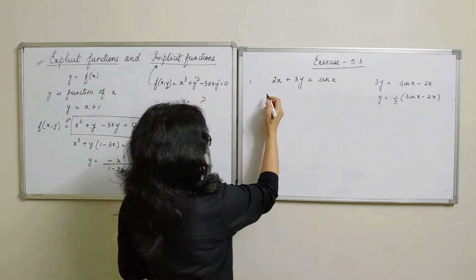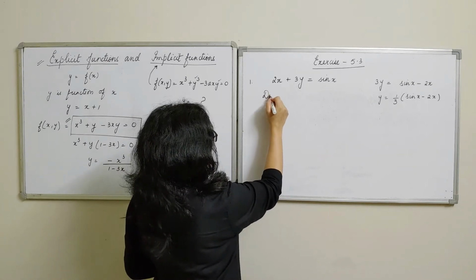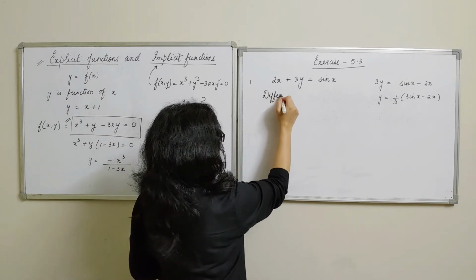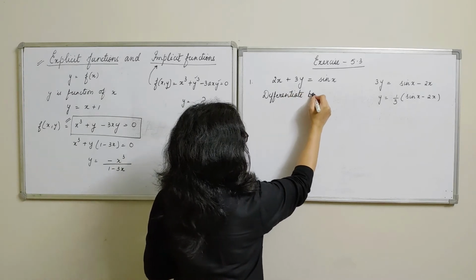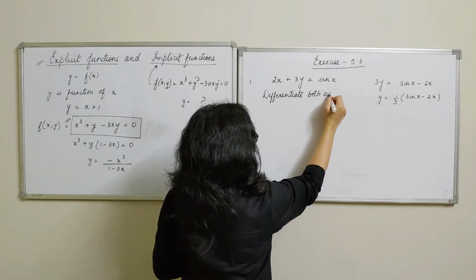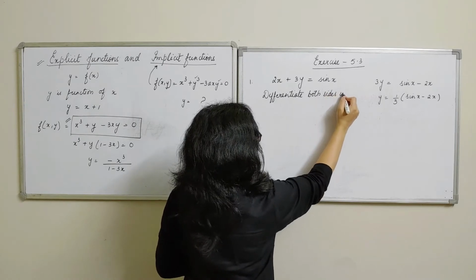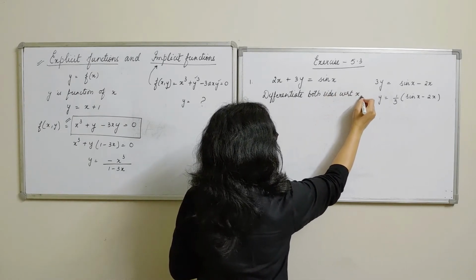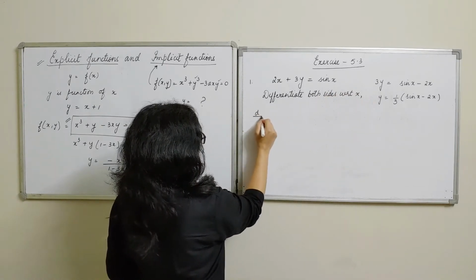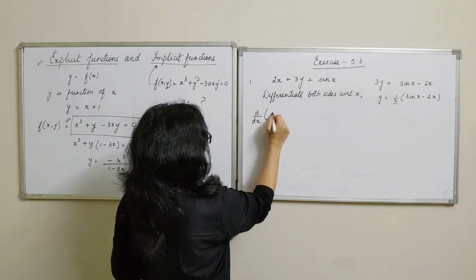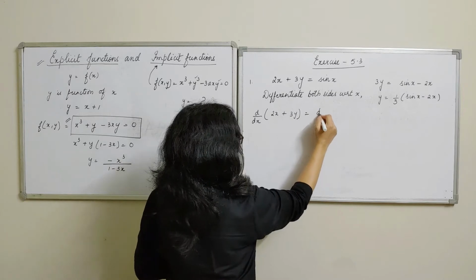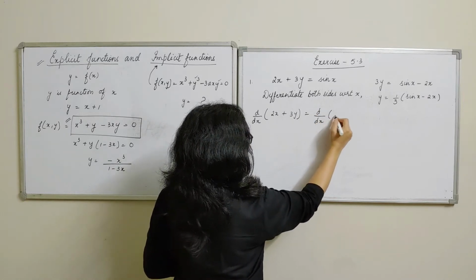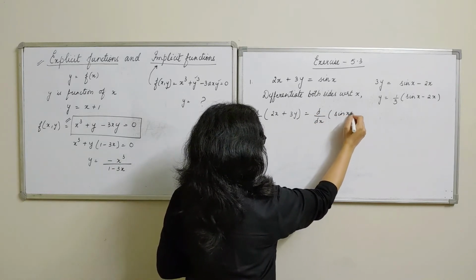Since this is an explicit function, we are going to differentiate both sides with respect to x: the derivative of the left side with respect to x and the derivative of the right side with respect to x.